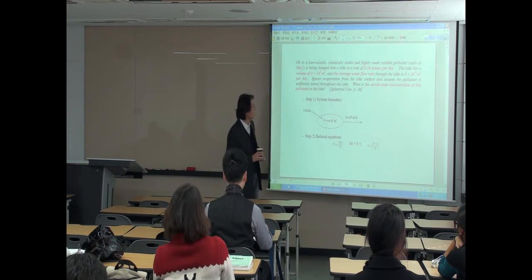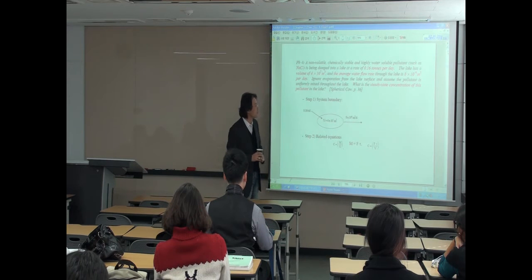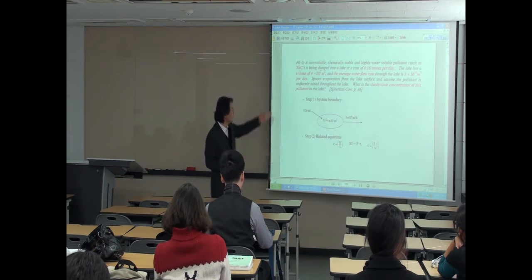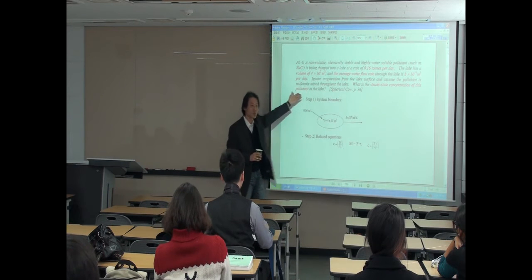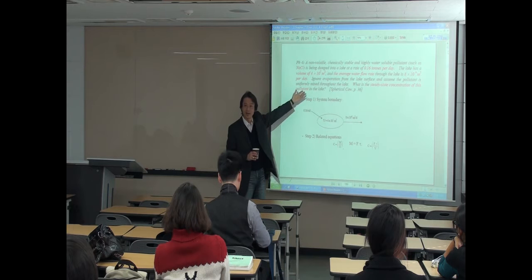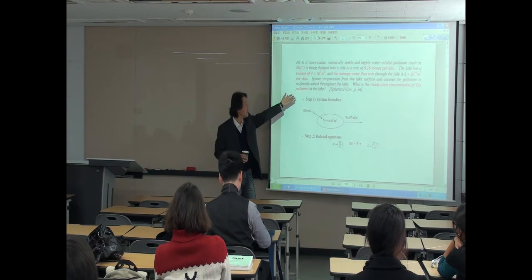Well, you know evaporation is very, very important, right? From the lake surface, and assume the salt is uniformly mixed. This is also a silly assumption, right? But let's assume the salt is uniformly mixed.